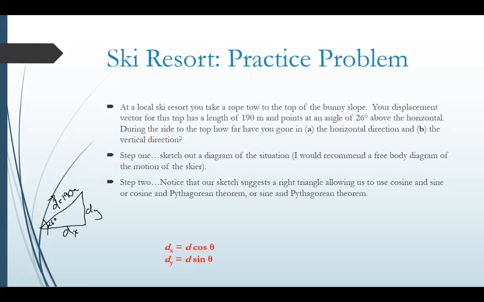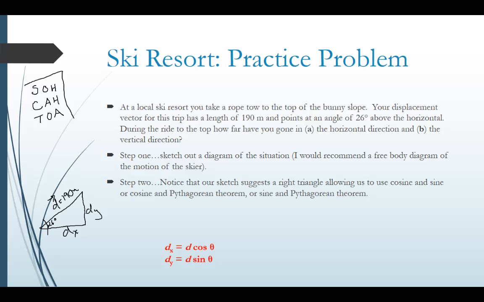Now, d of x is here, and when we start looking at cosine, we can use SOHCAHTOA. Sine is opposite over hypotenuse, cosine is adjacent over hypotenuse, and tangent is opposite over adjacent.